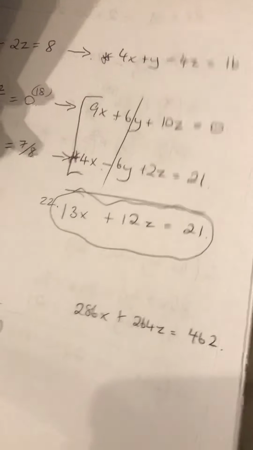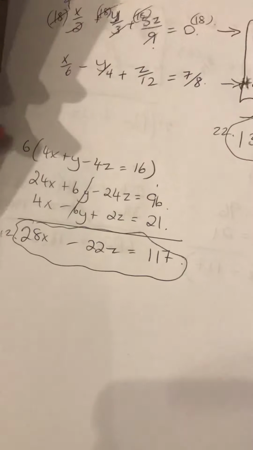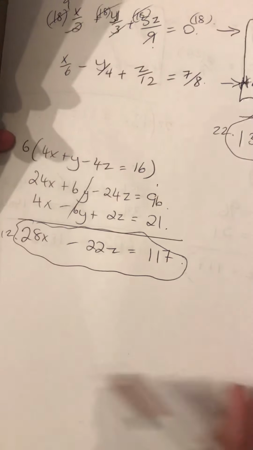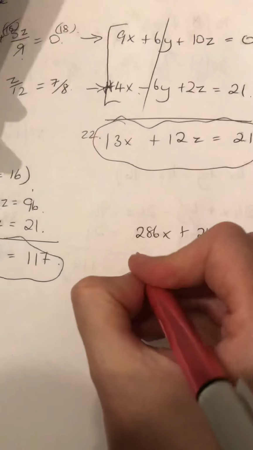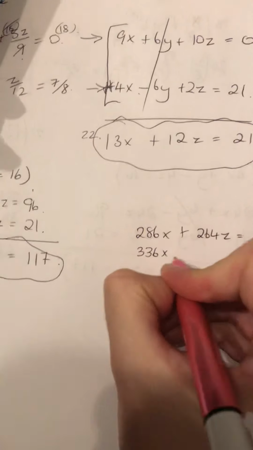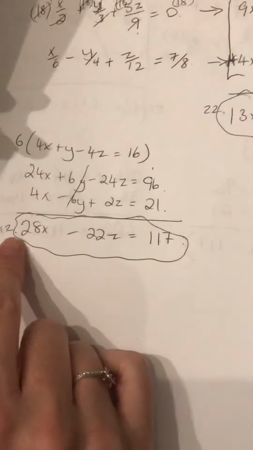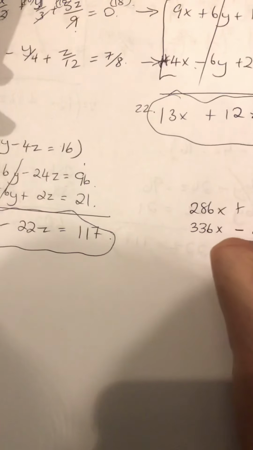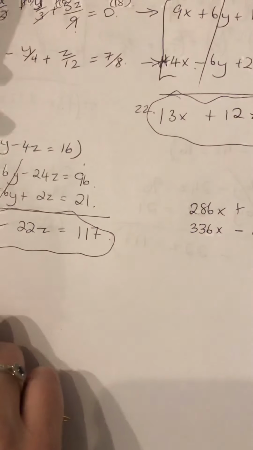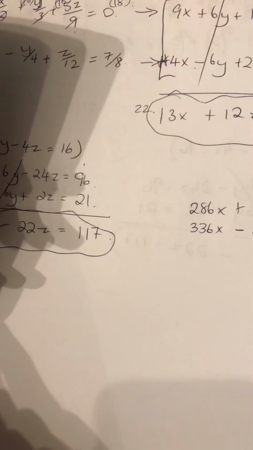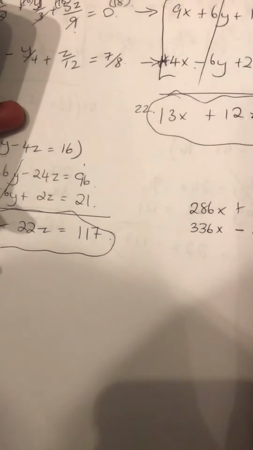If I take this equation and multiply it by 12, so that's 12 times 28, gives me 336x minus, 12 times 22 is going to give me 264z, and 12 times 117 gives me 1404.